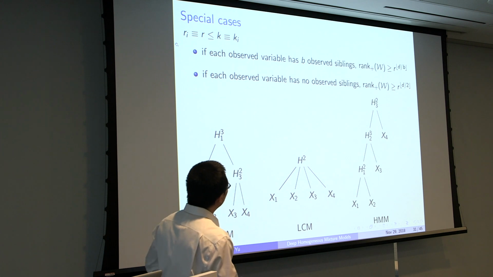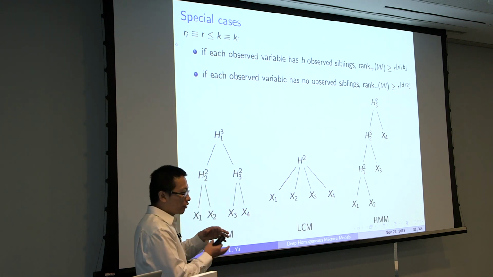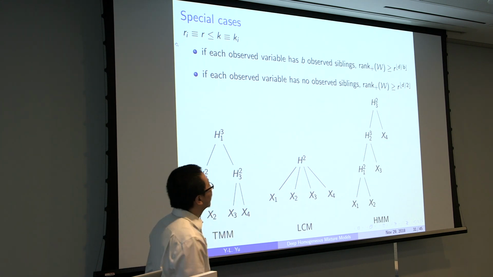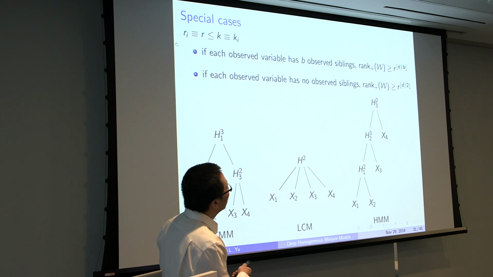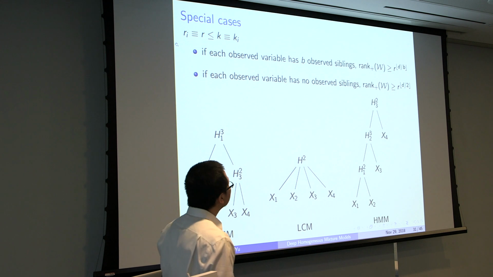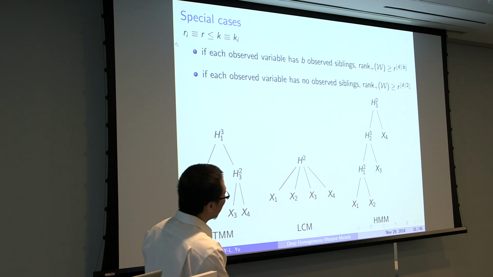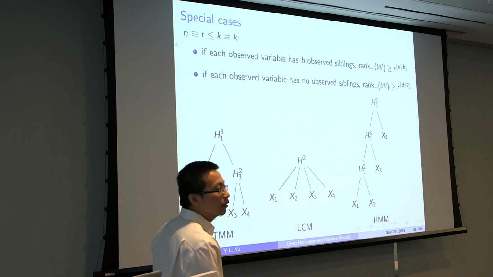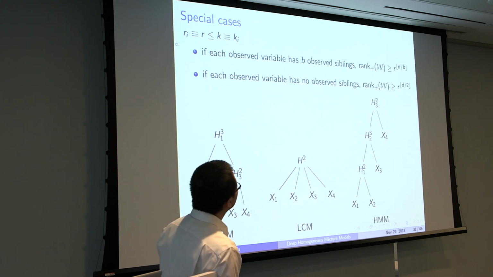So in other words, if you want to represent this with a shallow network, then the size has to be r to the power of d divided by 2. And that's exponential in d. Similar things for the Hidden Markov model as well, where each observed variable has no sibling at all.